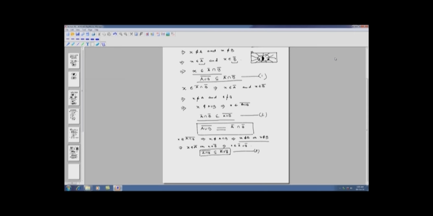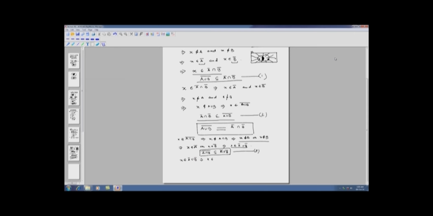We can start again from the last line, taking x to belong to A complement union B complement.